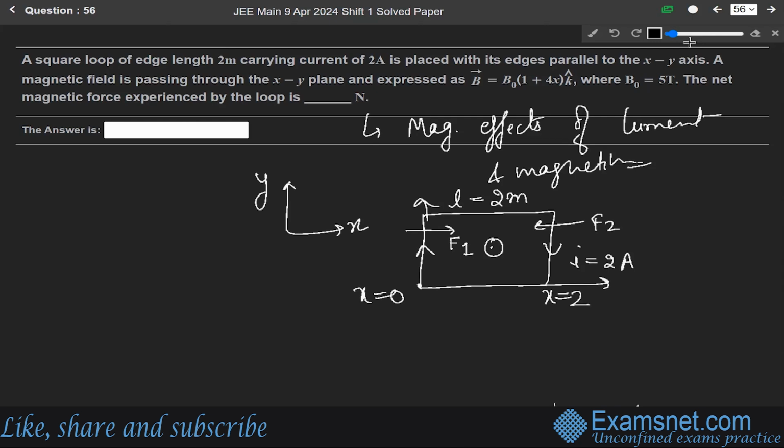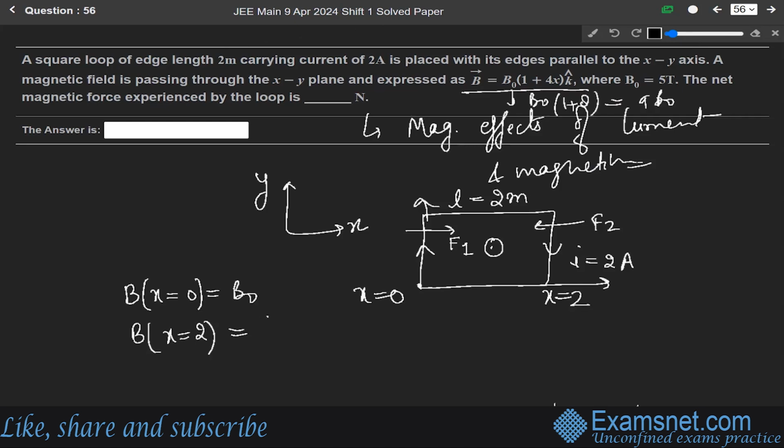As given in the equation, the magnetic field passing through the xy plane is expressed as B equals B naught (1 plus 4x) k cap, where B naught equals 5 Tesla. So the magnetic field at x equals 0 is B naught, and the magnetic field at x equals 2 will be B naught (1 plus 8), since 4 twos are 8. So it means 9 B naught.